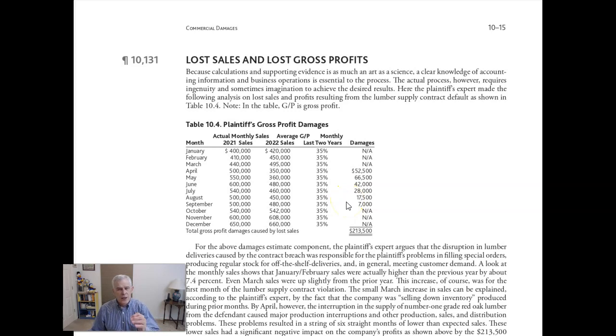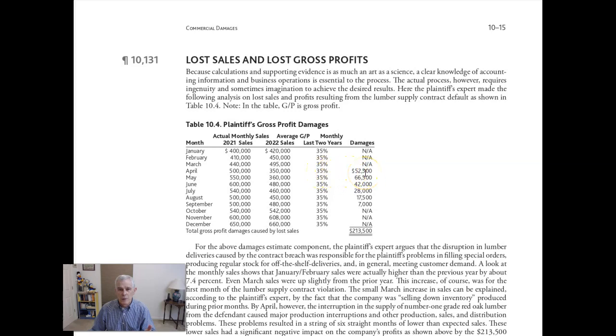So sales-wise, there wasn't damage at that point, not in March. Starts in April though. In April, sales were a lot less than last year. So they're saying, well, it would have been at least $500,000, we believe, in sales. It was only $350,000, a large drop off. We lost 35% as gross profit.